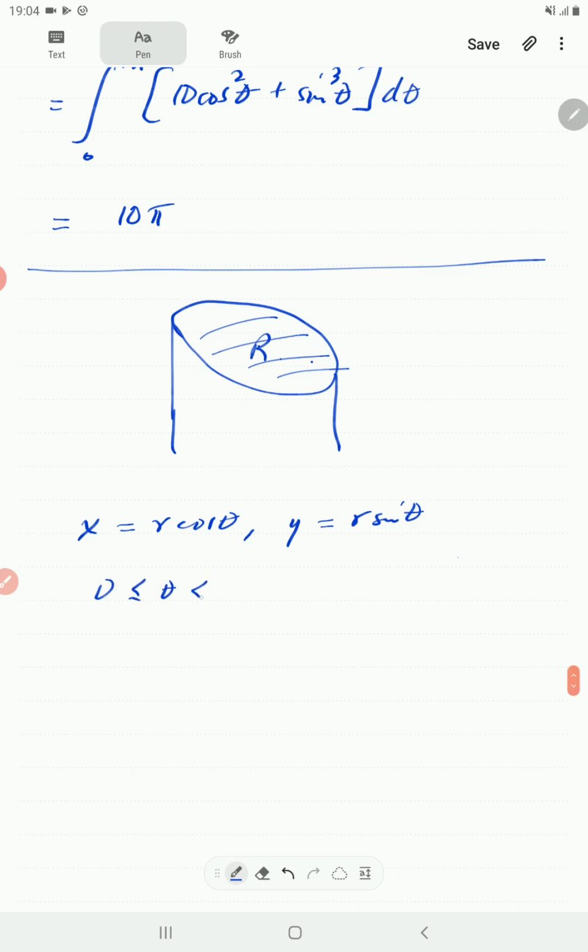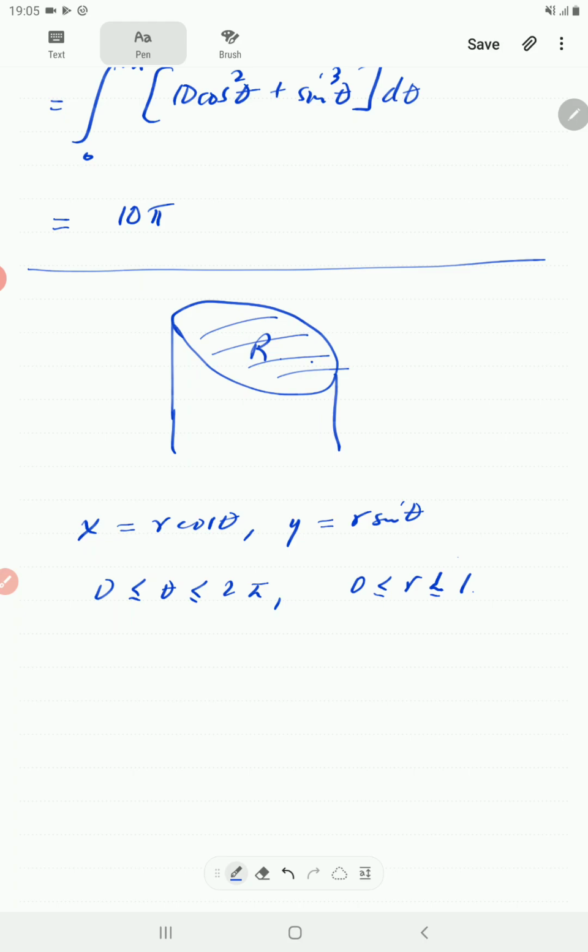Theta is varying between 0 and pi, and r is varying between 0 and 1. So in the earlier case, because we're just interested in the boundary, r was just equal to 1. But this time r is varying because it's the whole region.